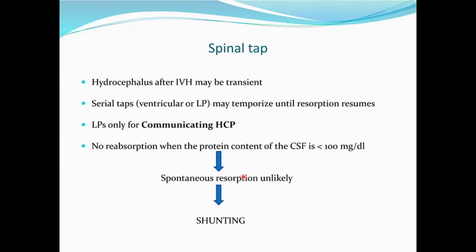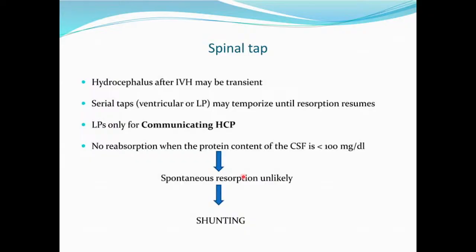So what happens in an emergency when a patient comes with low GCS and a complaint of diminution of vision? First off, we perform a spinal tap. What information can we have from the spinal tap?